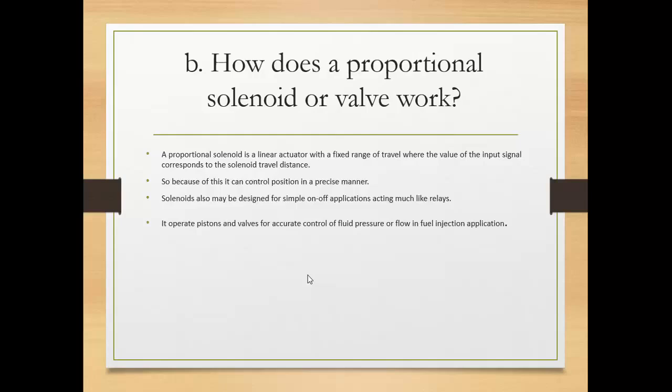This makes it a precise solenoid, and sometimes solenoids are just like simple relays, and they can operate as pistons or valves to control fluid pressure or flow in some injection application. It could be a fuel injection application. But the thing is that they are precise.